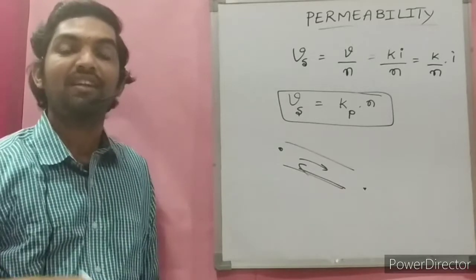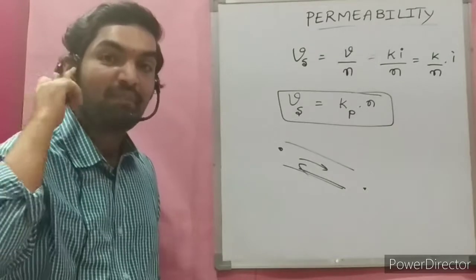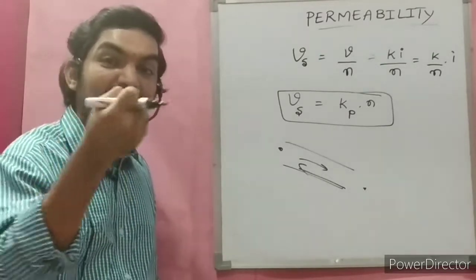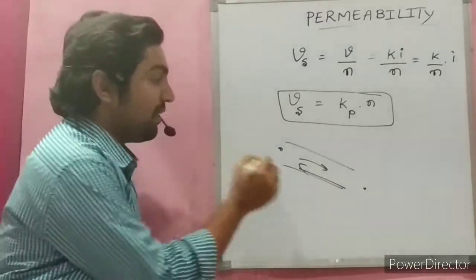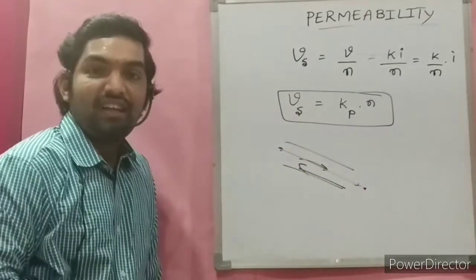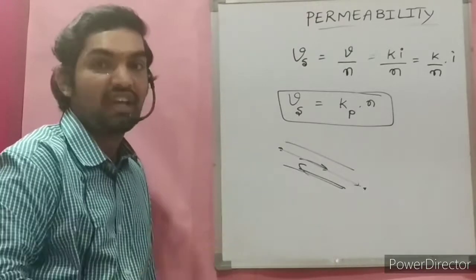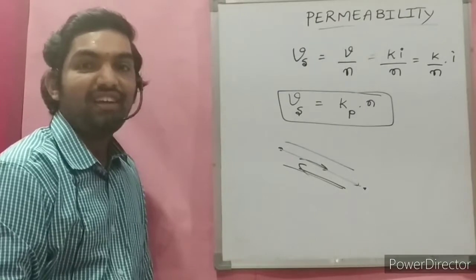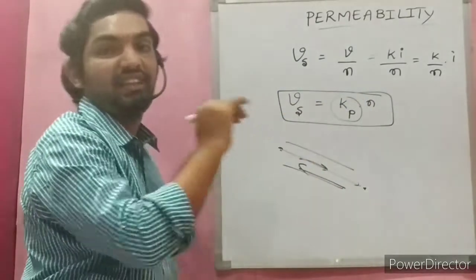Sometimes the horn made by an individual at high speed with a high decibel sound may also cause obstruction to your movement. In a similar manner, the movement of soil water is not very easy. Every time it undergoes so many obstructions. That is what Bernoulli's equation describes. Head losses will definitely be there. So this Kp is called the coefficient of percolation.